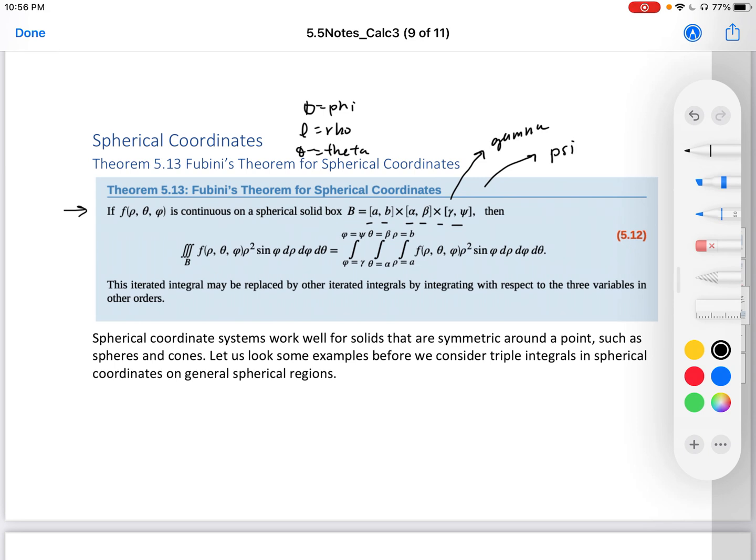We use them to mean that it can be any value, and that's just a bound that we're going to label. Now notice that we're integrating in terms of rho squared sine phi.